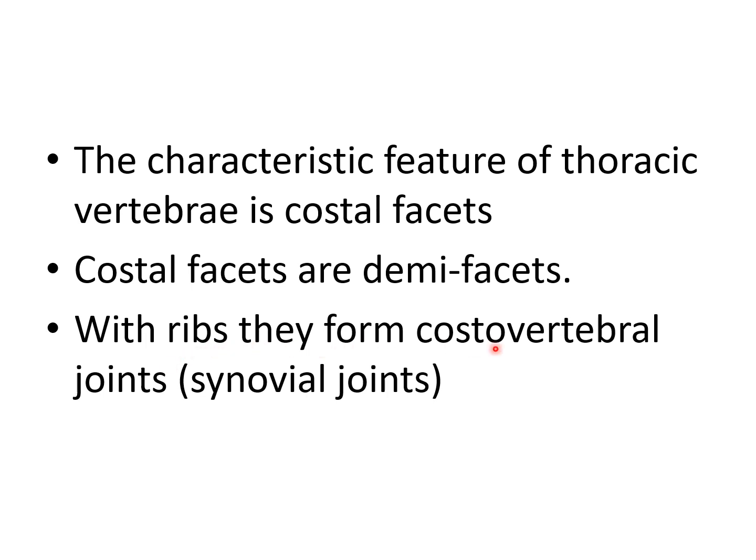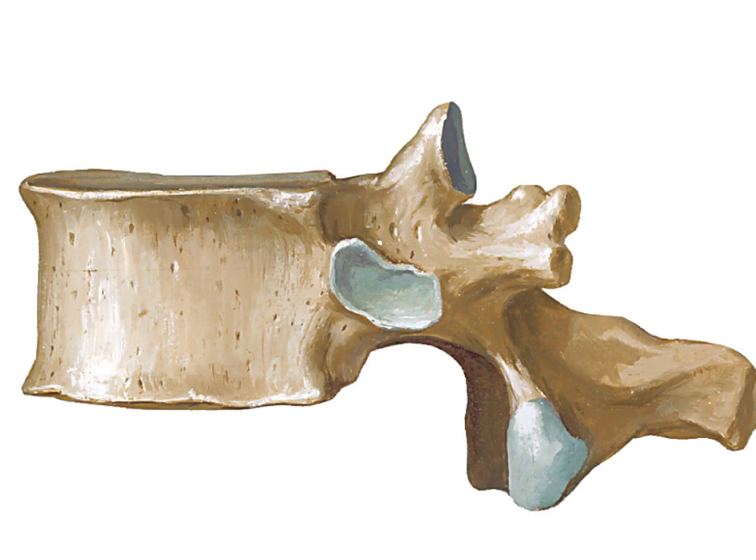With the ribs, they form costovertebral joints, which are synovial joints, and these joints help ribs move during respiration. This is a vertebra which is atypical because it consists of only one costal facet here. Typical vertebra consists of two facets.